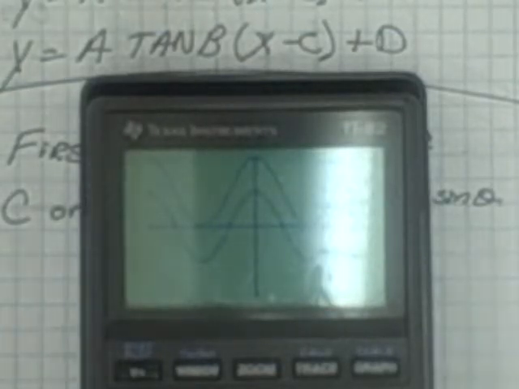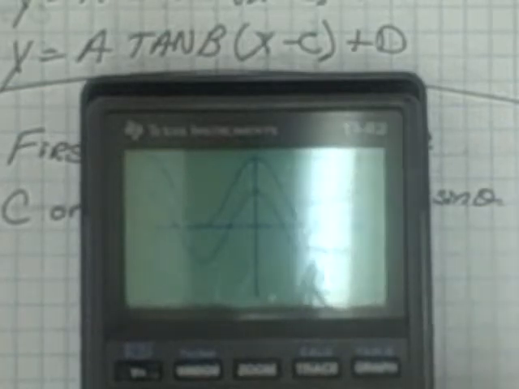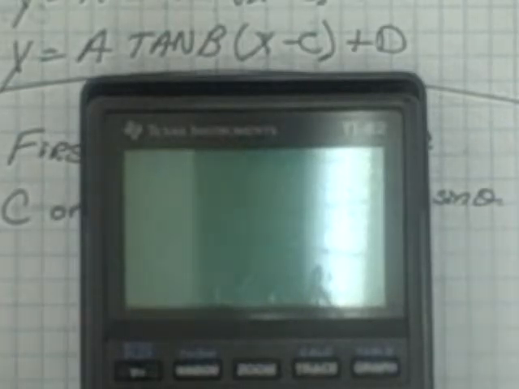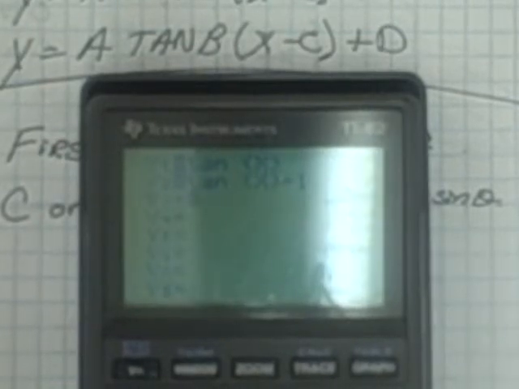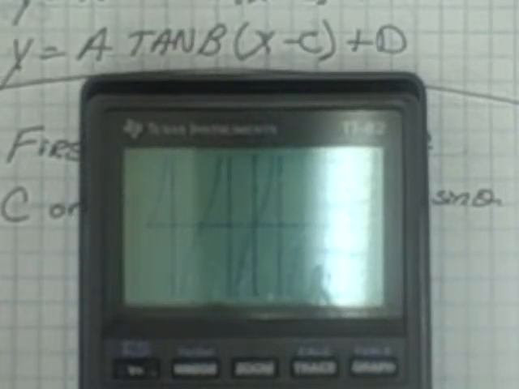Okay, let's do the same for a negative. Let's clear this. So in here, let's use tan x, and let's use tan x here. And instead of +1, let's put a -1 in here. Let's graph that. So here's my tan x graph. And here's my tan x -1. So you can see it's starting down there at the 1.